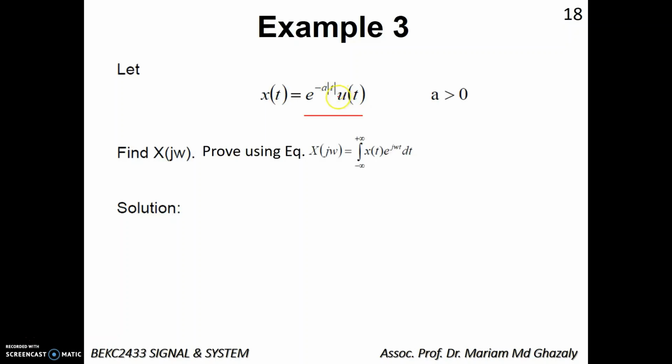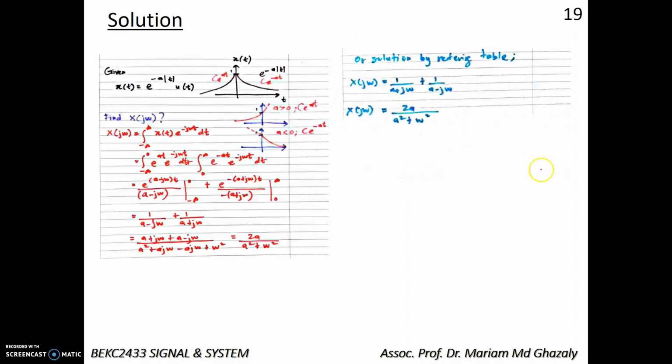It means that you are going to have the value on both sides, negative and positive, for the time domain. So what you're going to do is find x(jω) here, proving it using the general equation given here. So let's do this example.